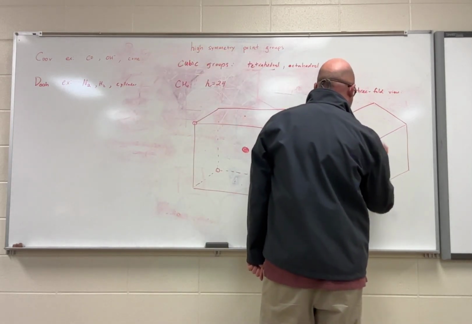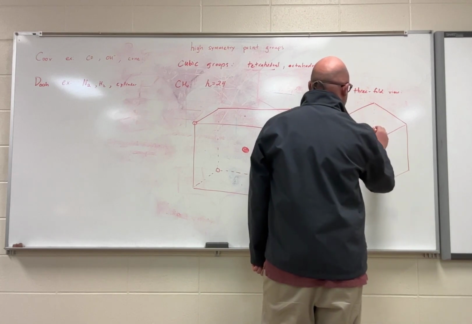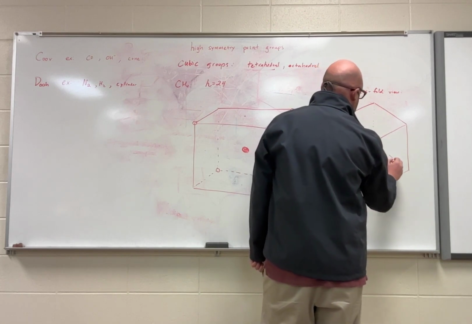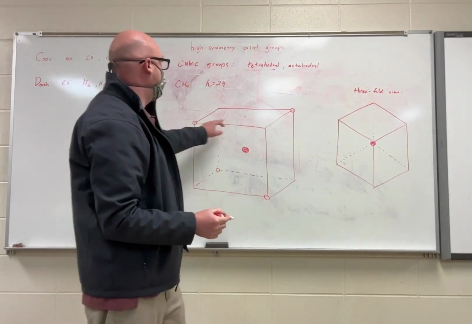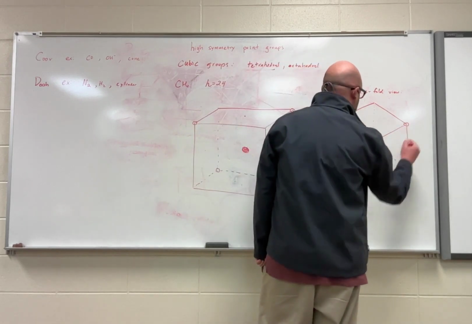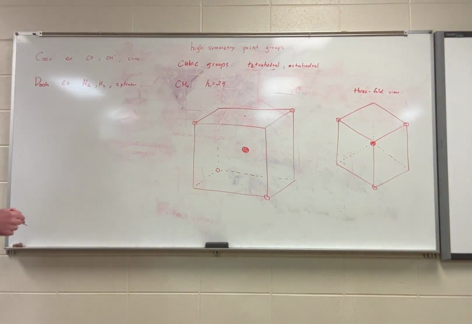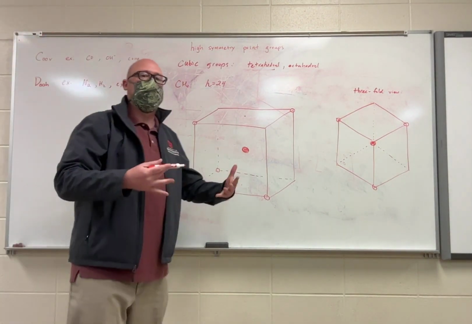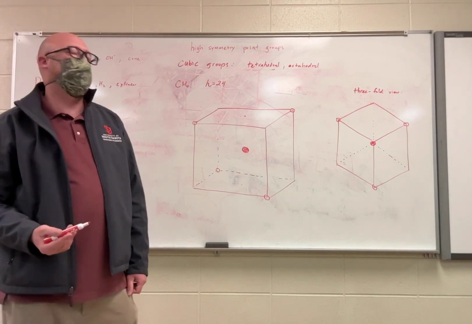The hydrogen is beneath it at the intersection of these back edges. And then the three hydrogens at these corners are here. Right? So now we can start picking out the symmetry elements and the symmetry operations they generate.